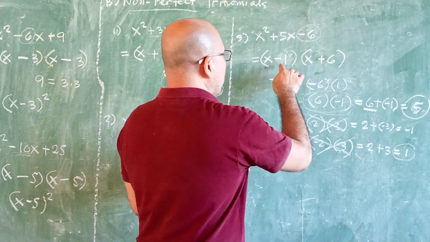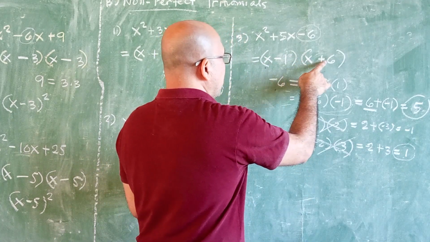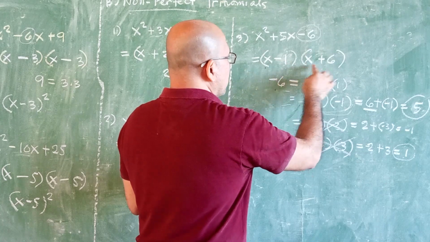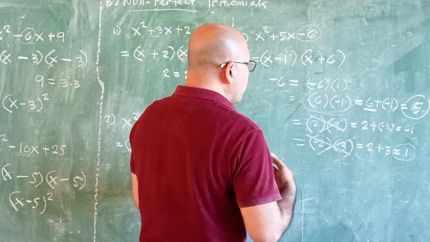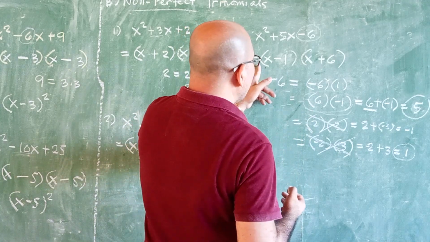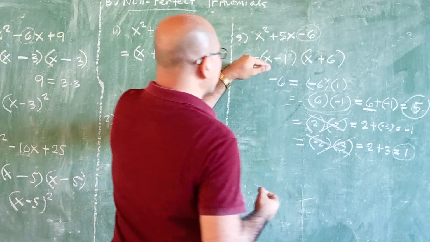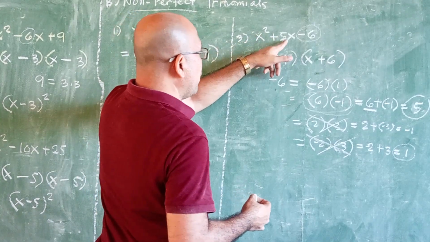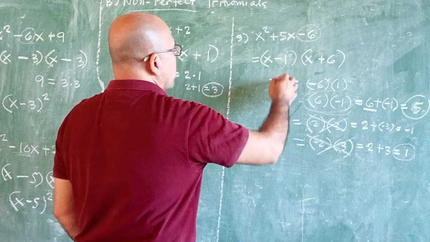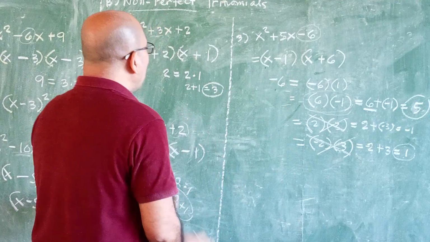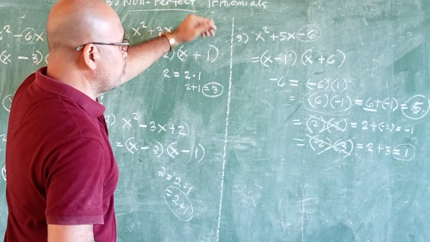Again, you can interchange negative 1 and plus 6. You may say that this will be x minus 1 and this one is x plus 6. It will not change the result that these are the complete factors of x squared plus 5x minus 6. So that's it. That's how you factor the third example under the non-perfect square trinomial factoring.